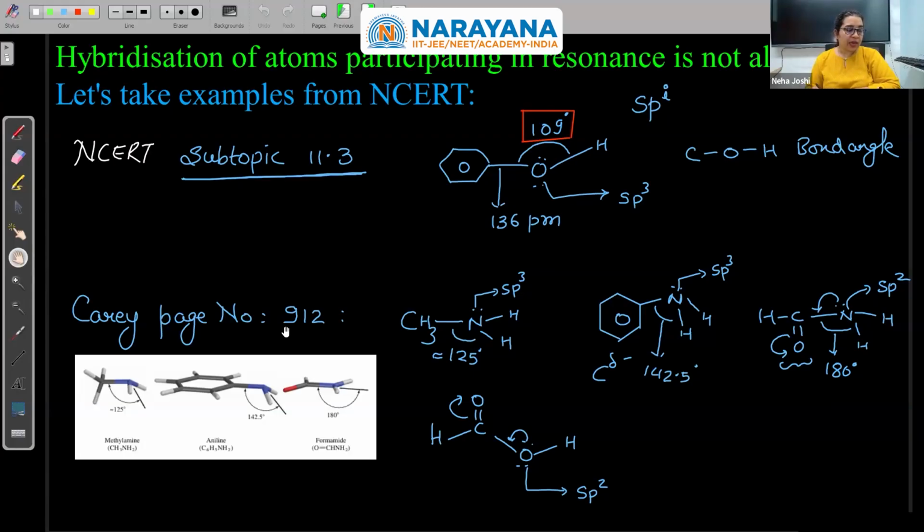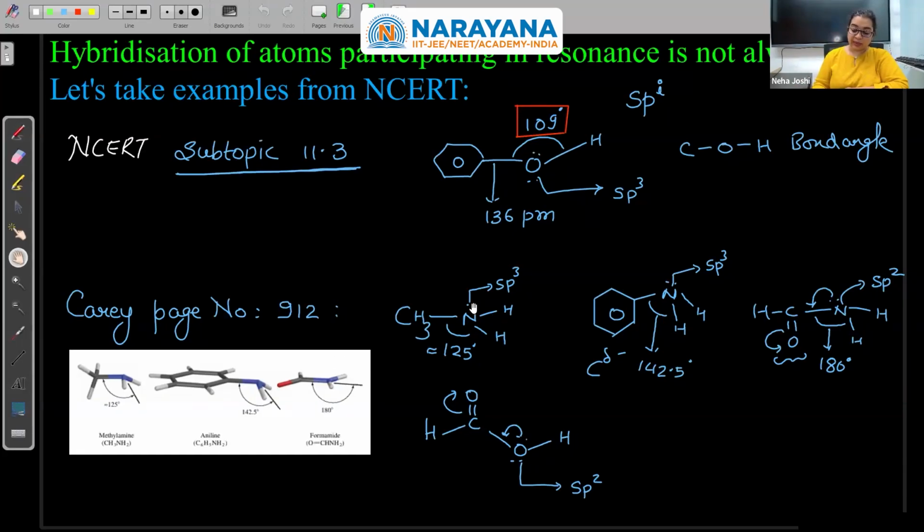If you go to Carey, the book for organic chemistry, on page number 912, this thing is mentioned. See, in methylamine, here I have written the proper structures also.